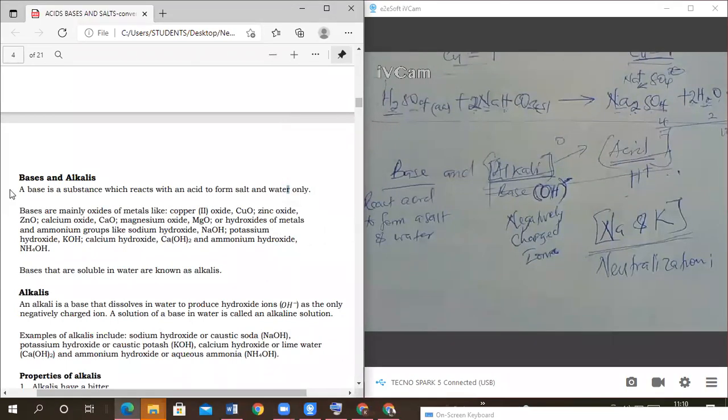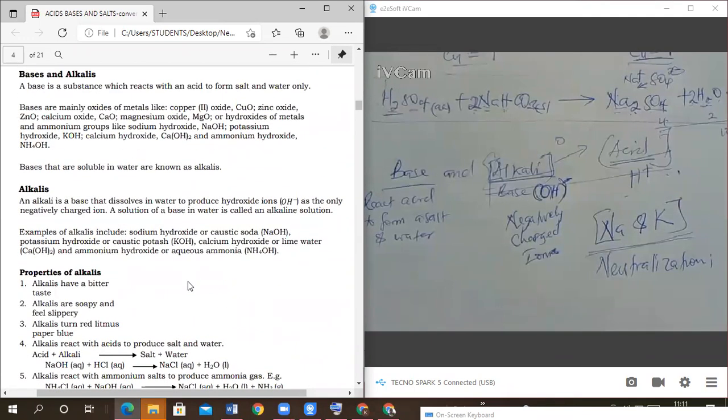Examples of bases are mainly oxides of metals: copper oxide, zinc oxide, calcium oxide, magnesium oxide, and then hydroxides of metals also, like sodium hydroxide, potassium hydroxide, and as many as they are. If a base dissolves in water, it gives us the alkali. The only negative ion it produces is the OH. So an alkali is a base that dissolves in water to produce hydroxide ion as the only negatively charged ion.